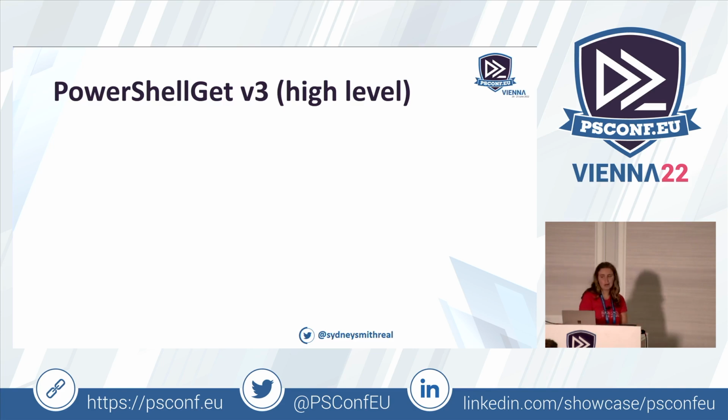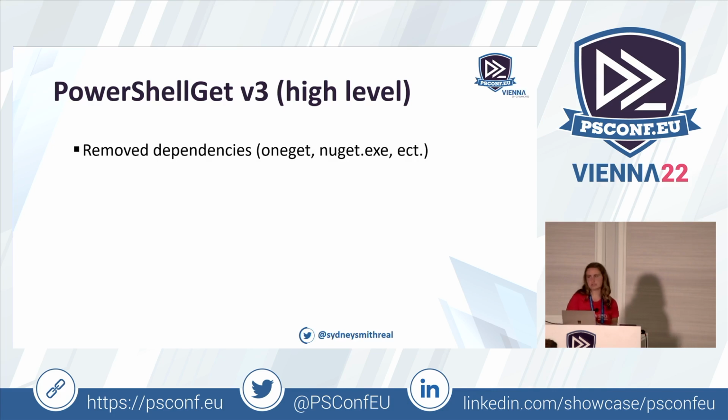We also wanted to address top customer issues. Due to the original underlying architecture of PowerShellGet, in particular its dependency structure, it's been incredibly difficult for us to iterate on the module and make progress towards some customer issues that are real pain points and have been sitting there for quite a long time.